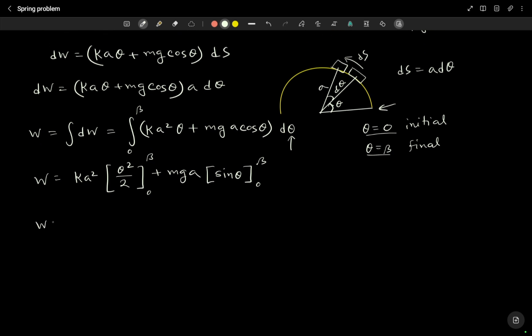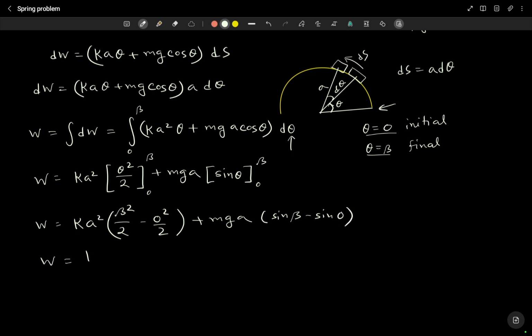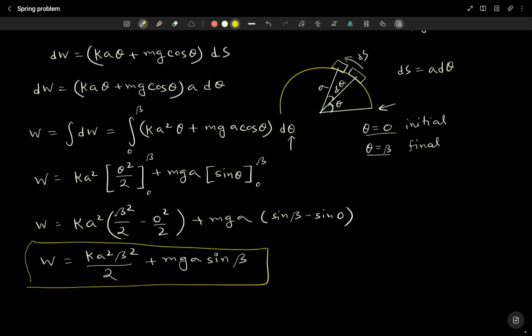So work done will be equal to k a squared beta squared divided by 2 minus 0 squared divided by 2, plus mga times sine beta minus sine 0. So W is equal to k a squared beta squared divided by 2 plus mga sine beta. That's the final answer. That's it.